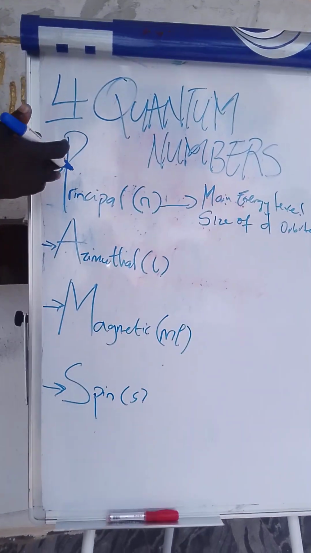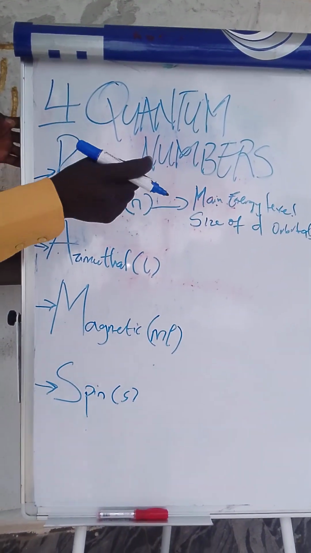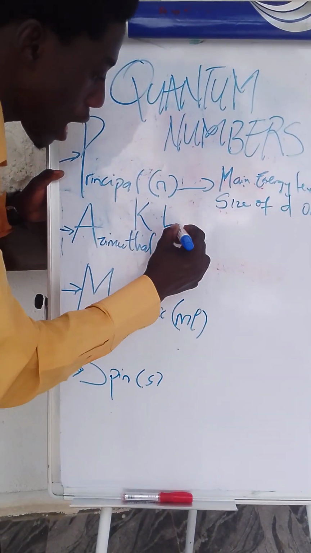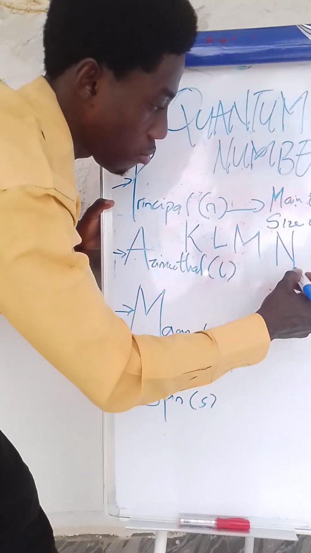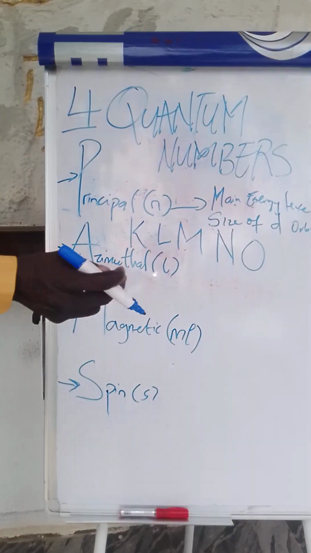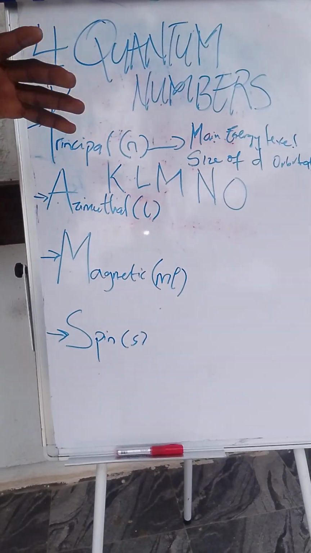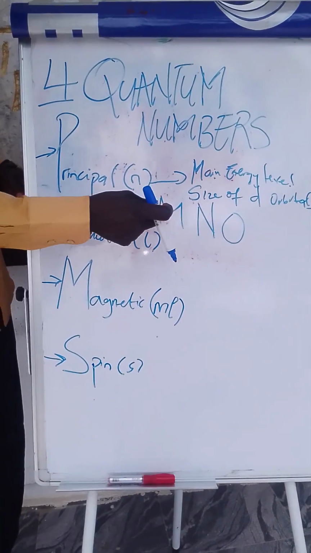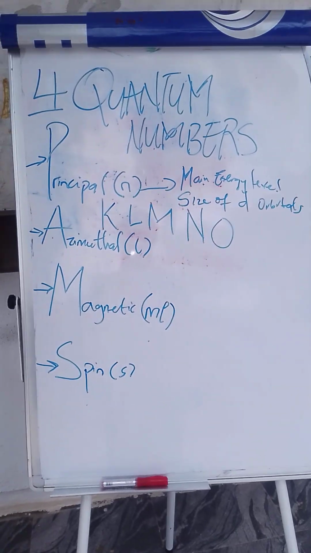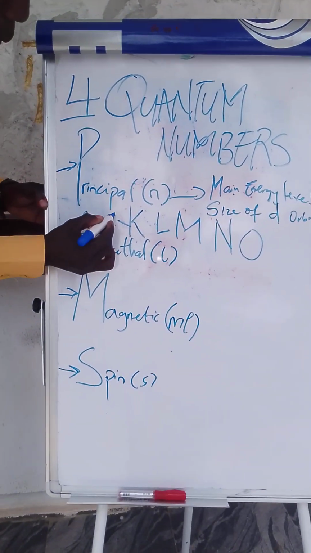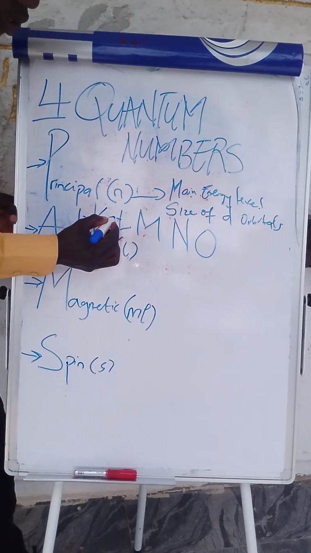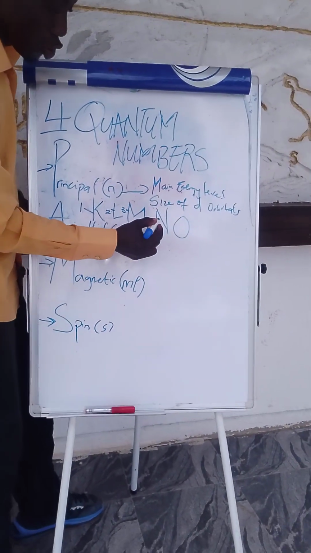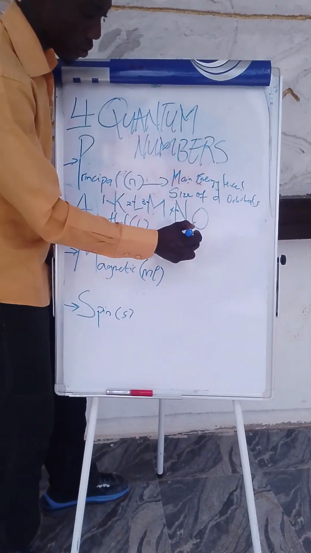The principal corresponds to the letters K, L, M, N, O, which tell you the number of shells. K is 1, L is 2, M is 3, N is 4, then O is 5.